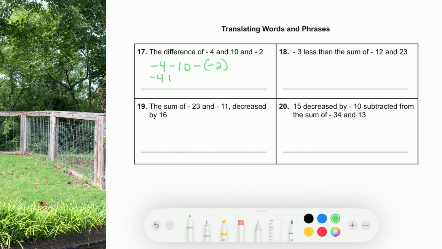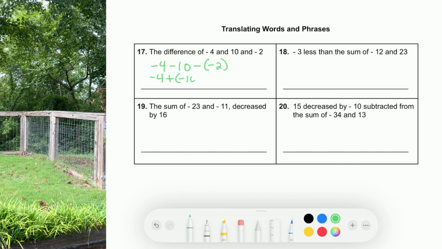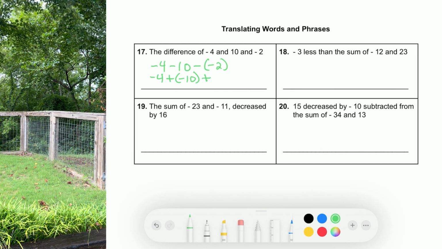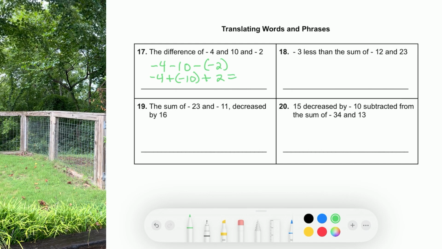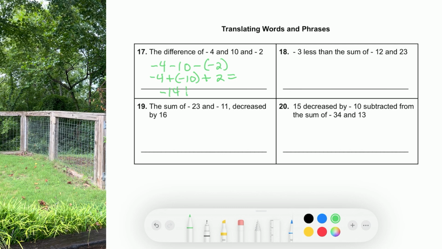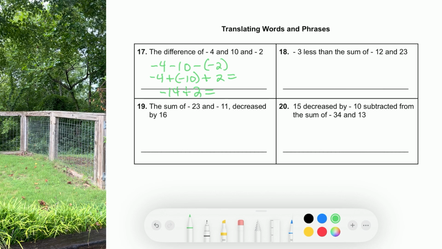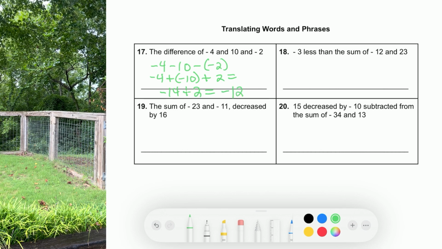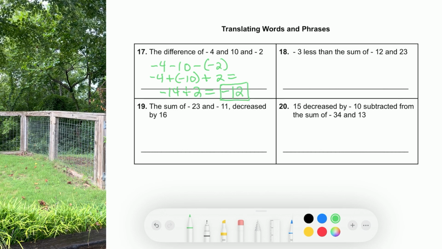So negative 4 plus negative 10 plus 2. All right, so negative 4 plus negative 10 is going to give us a negative 14 plus 2. Negative 14 plus 2 is giving us a negative 12.